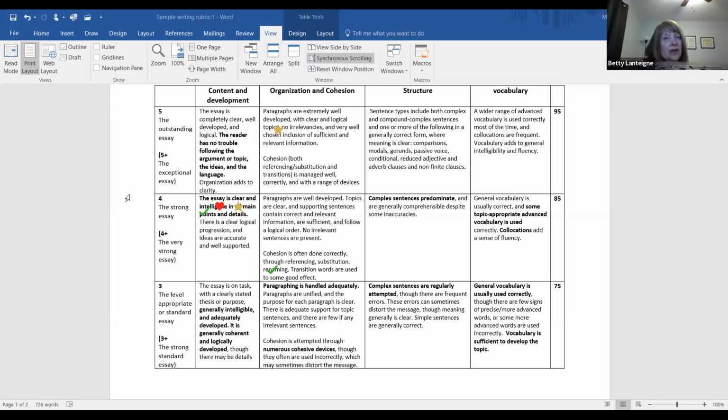In terms of, yeah, I'm going to be in the middle here. I can't say 5 in that it's outstanding in organization and cohesion. What I was doing was looking at the descriptor that's below where I tended to think. My first reaction was, okay, it's between a 3 and 4. So I'm looking at both descriptors, the level 3 and the level 4.